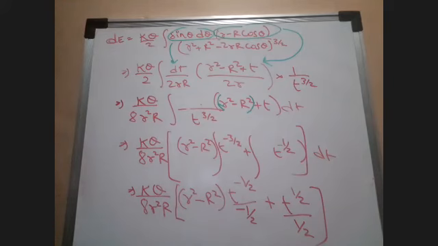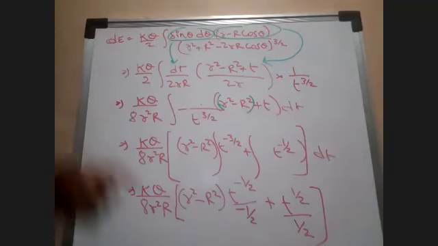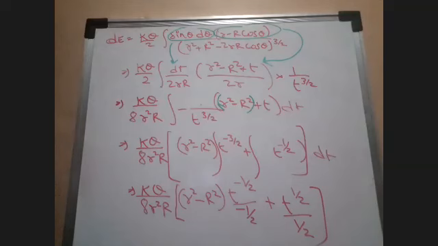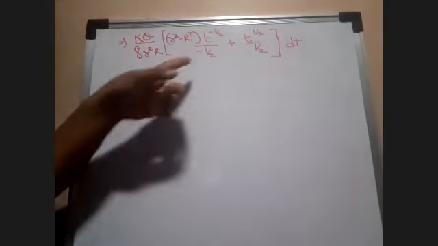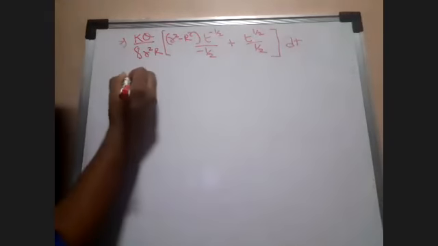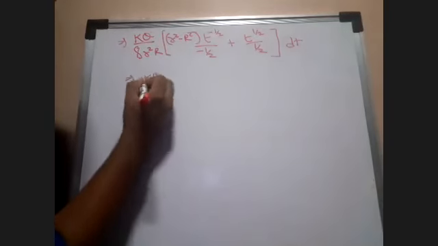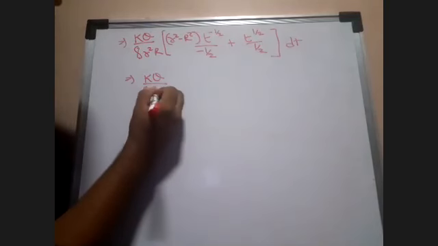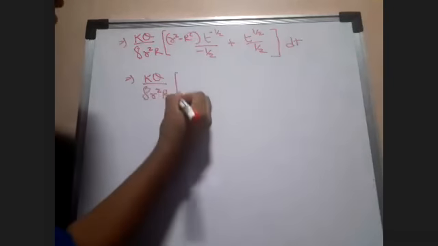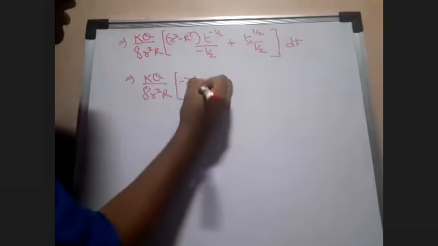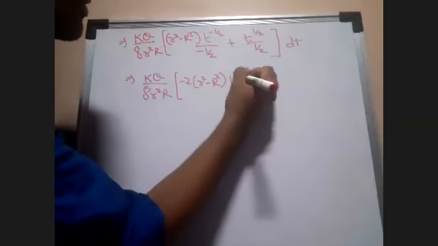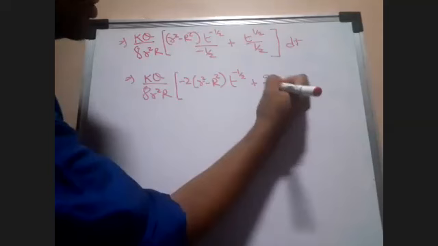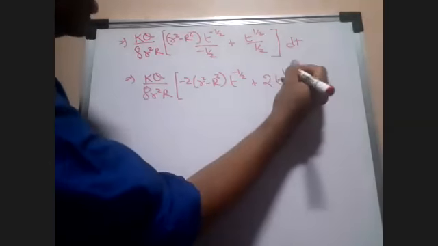I'm going to write the last equation on the top so we can continue. Ultimately this is what we get, and then we can take minus 2 on top. So I'll write that again: kq upon 8 r square R, minus 2 times r square minus capital R square t raised to minus 1 by 2 plus 2 t raised to 1 by 2.